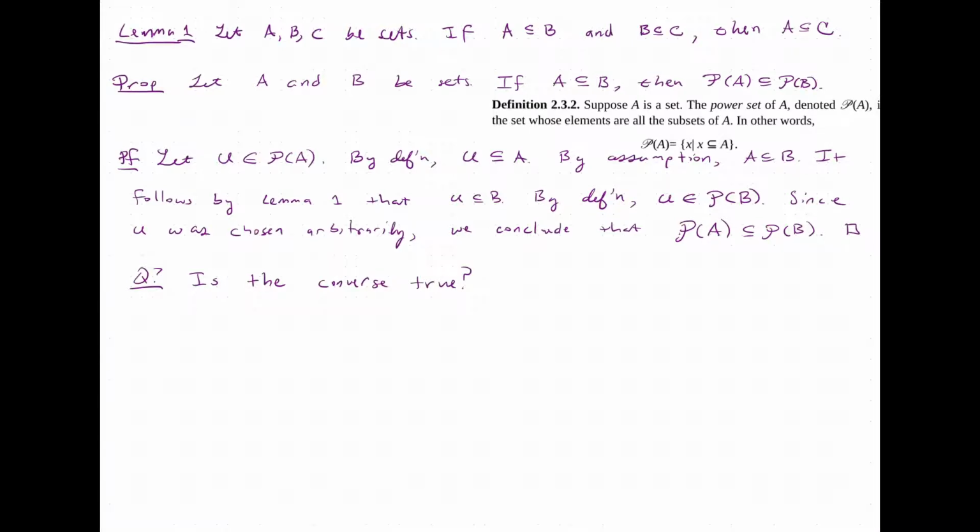And so recall that whenever we say the converse in a conditional statement, it means the reverse implication. So if we were to assume that the power set of A was a subset of the power set of B, is it the case that A is a subset of B?